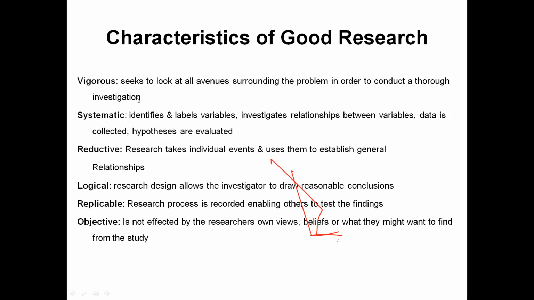Then the last one is objective, not affected by the researcher's own views, beliefs, or what they might want to find from the study. This is very important. The goal or objective of a good research is impartial, and it should be free from personal prejudices and halo effect. You should act as a neutral person.